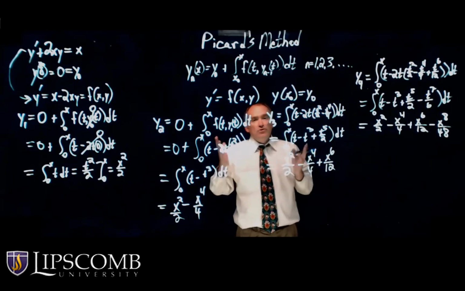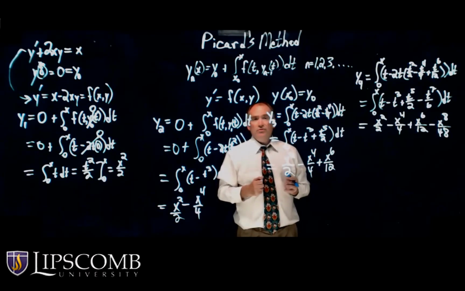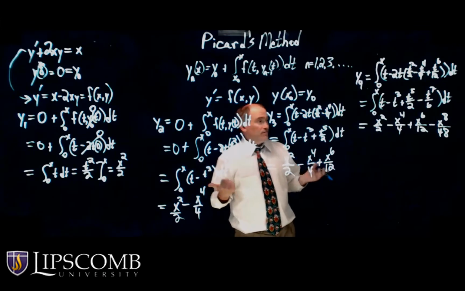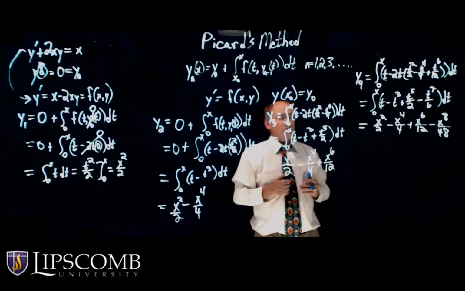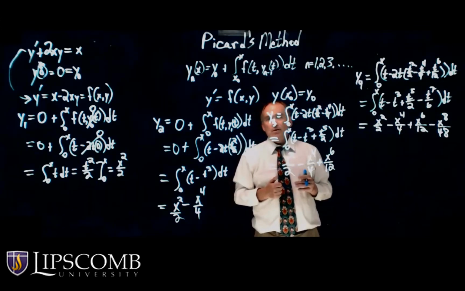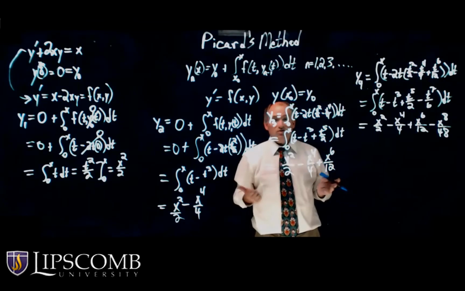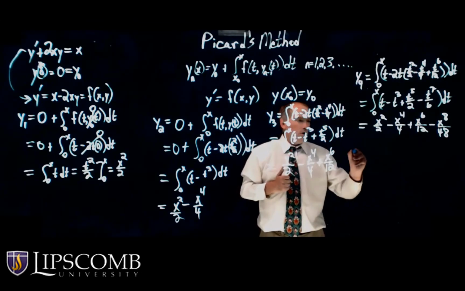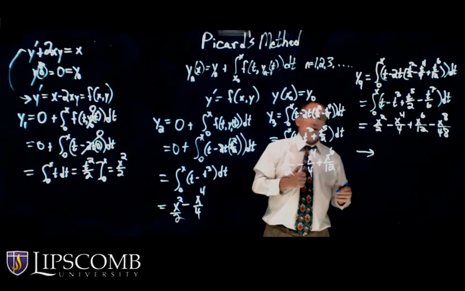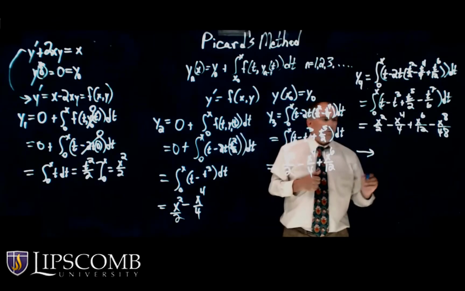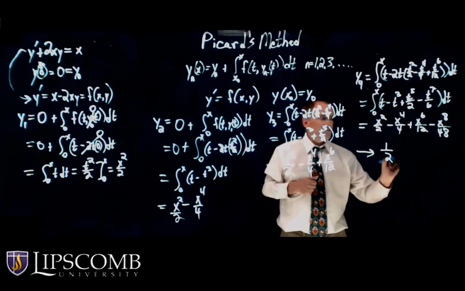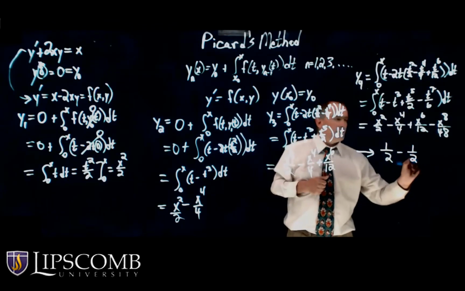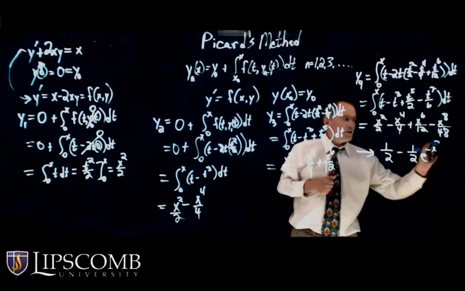Now, using a little calculus, remembering our formulas for summations, remembering our series and what they converge to as n keeps on going, this will converge to 1/2 minus 1/2 e to the minus x squared.